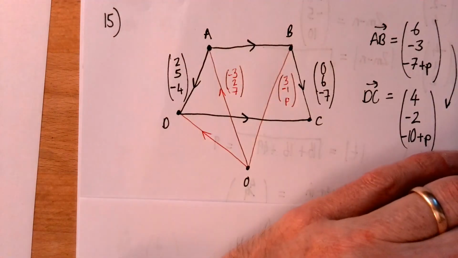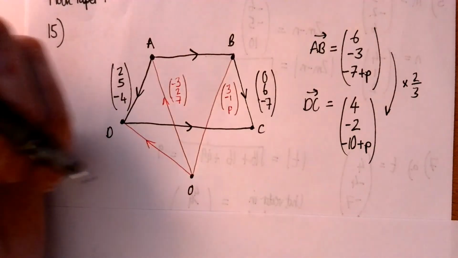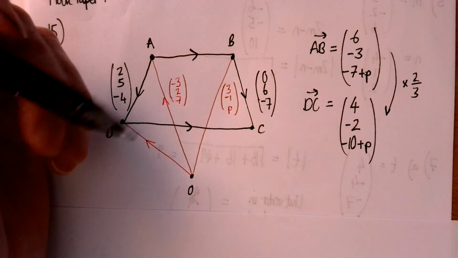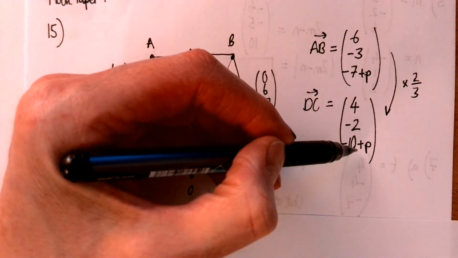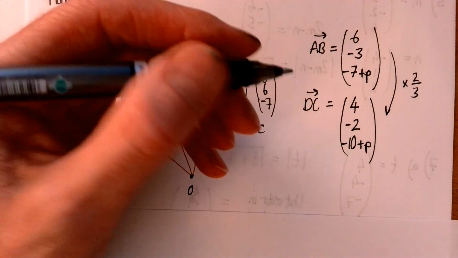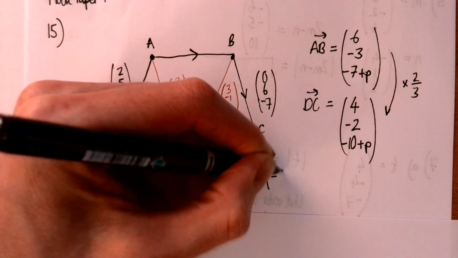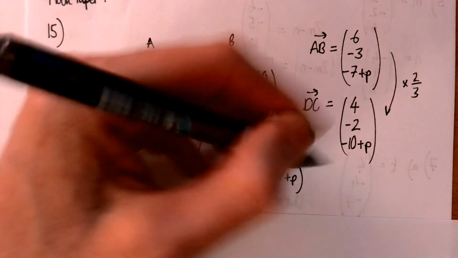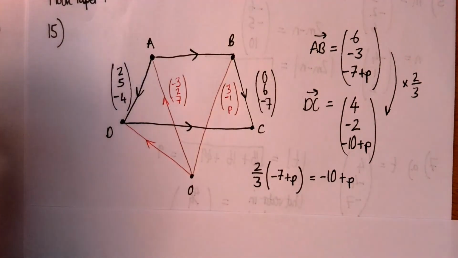To go from minus 3 to minus 2, you multiply by 2/3. And that means that this multiplied by 2/3 must equal that. And so that's the simple problem they're asking us to solve here. We know that 2/3 of minus 7 plus P must equal minus 10 plus P. And I'm hoping that you can go on and solve that one. Good stuff.